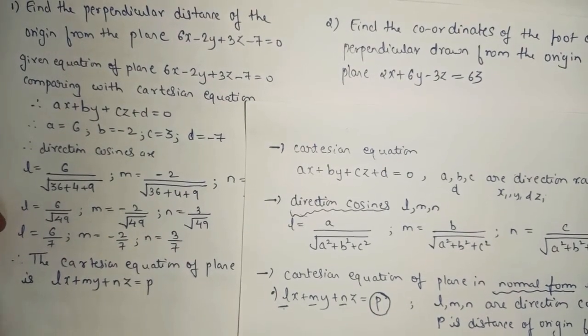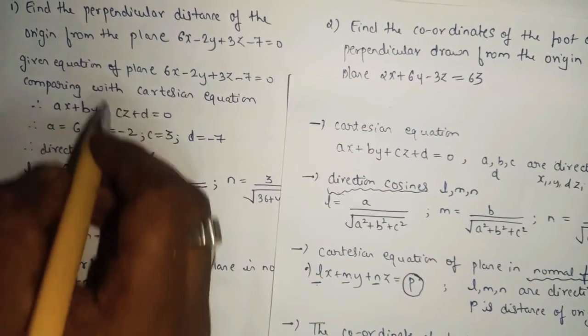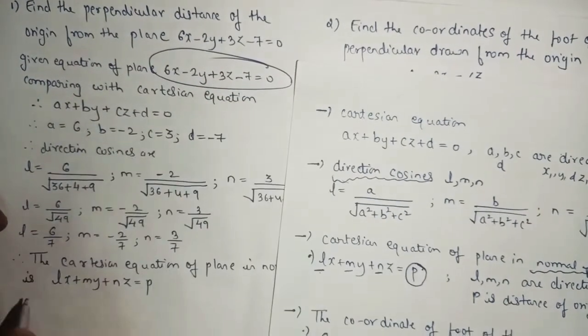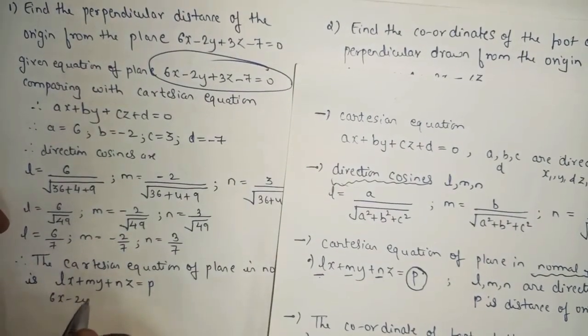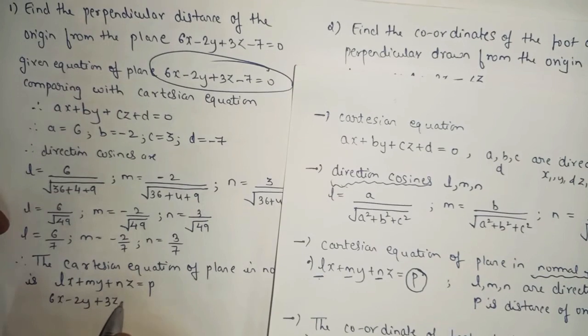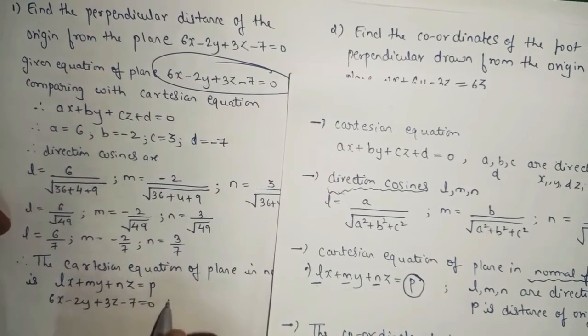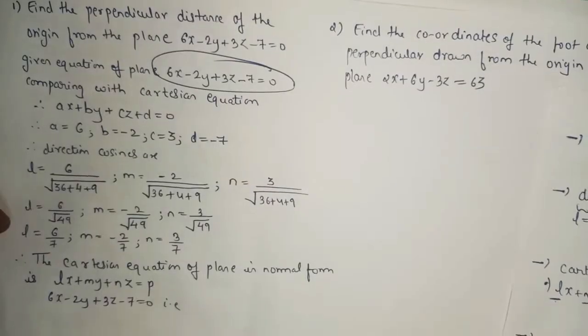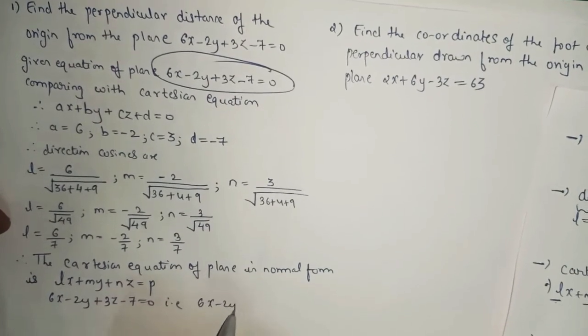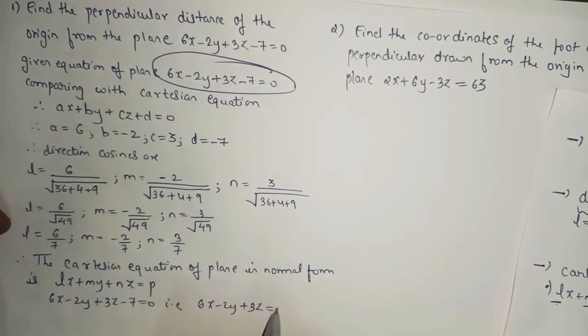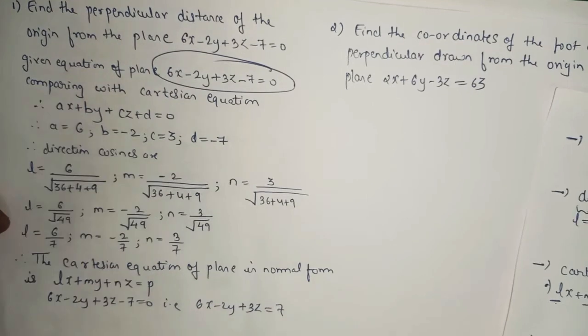So this equation, 6x minus 2y plus 3z minus 7 equals 0, we can write as 6x minus 2y plus 3z equals 7. Can I write this equation like this? Yes or no? Okay.